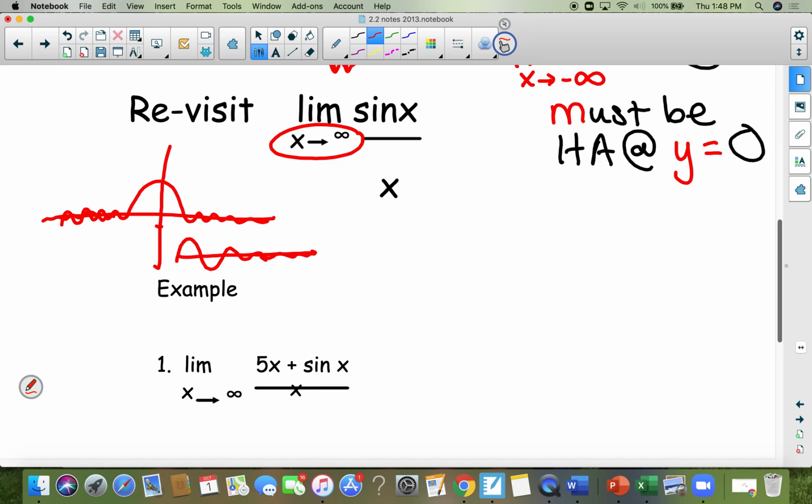And it's getting closer and closer to what number? 0. Yeah. It flattens out. Do you see that this is a horizontal asymptote and you're actually crossing over the horizontal asymptote? But you are getting closer and closer to 0. So, okay, let's do these here.